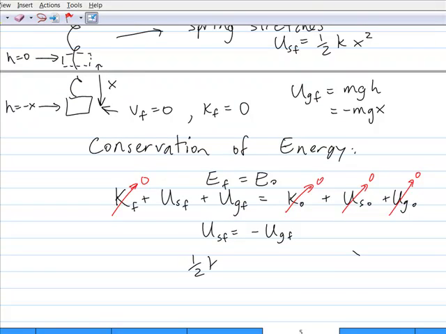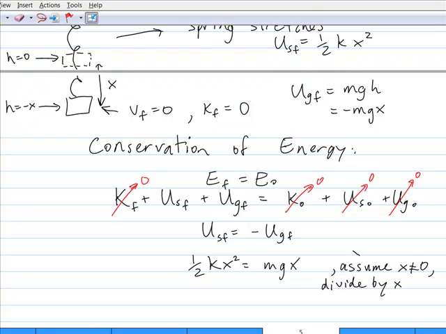1/2 kx squared is equal to mgx. I want to get rid of this x squared, so I'm going to assume that x does not equal 0, so that I can divide both sides by x.